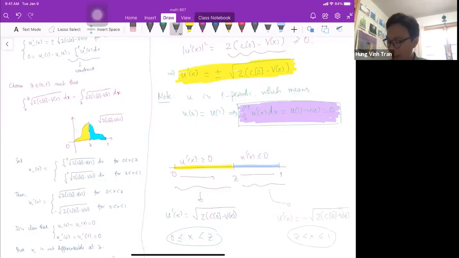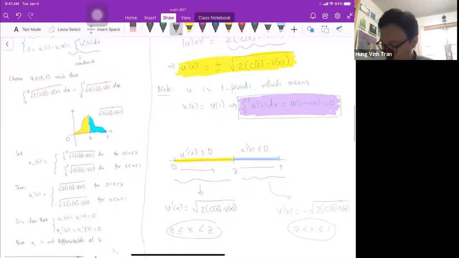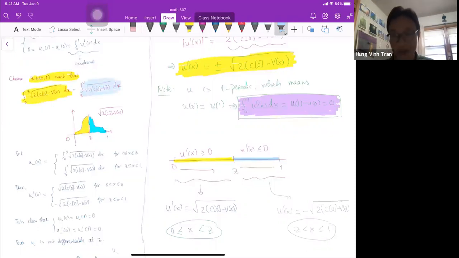Okay, and here, let's look at the left panel. We choose z, and there's a unique z so that it balances out. So there's a unique z so that the integral from 0 to z of this continuous function equals the integral from z to 1 of this same continuous function. So I choose a splitting point in which the weight of the function is balanced between 0 to z and z to 1, and we split it.